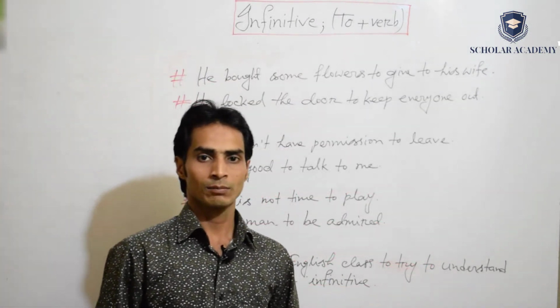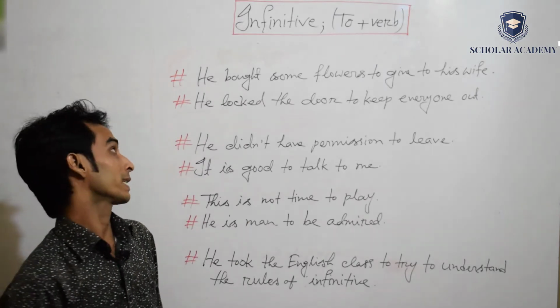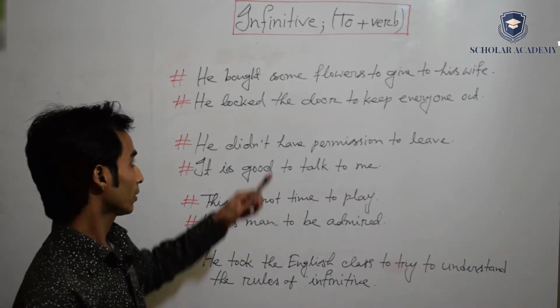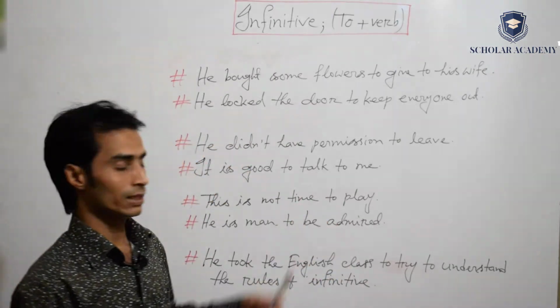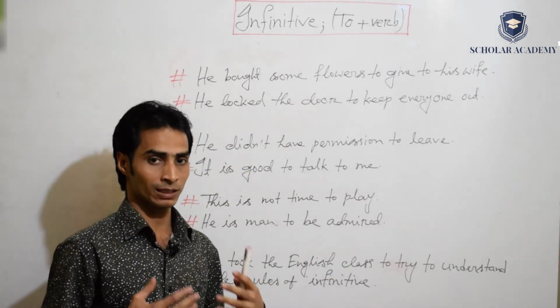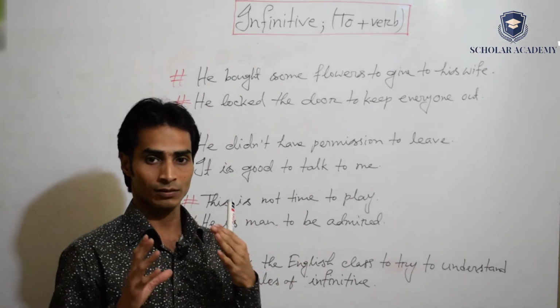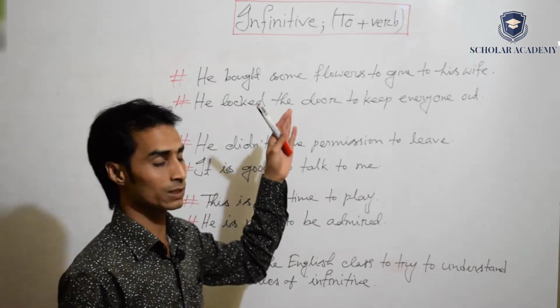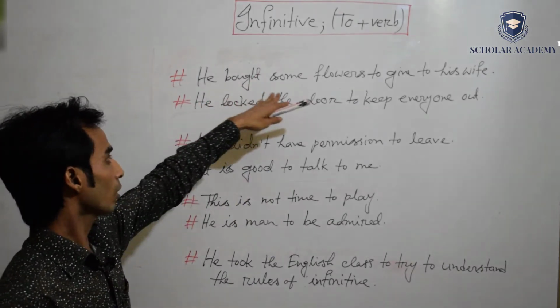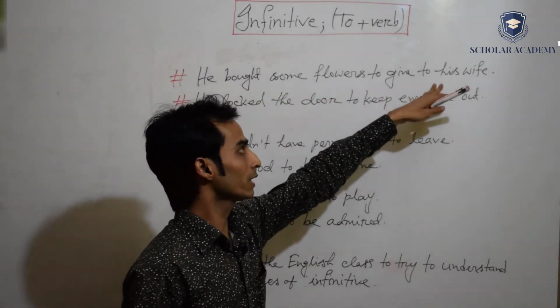The number five way about infinitive is to express the purpose of a sentence. Let's understand this by looking at some examples. He bought some flowers to give to his wife.